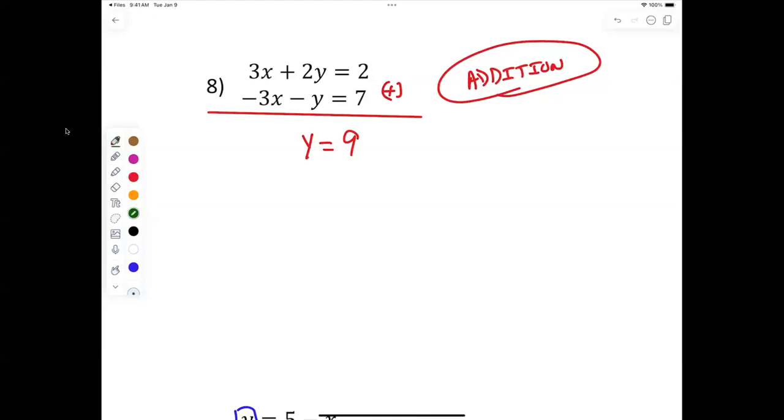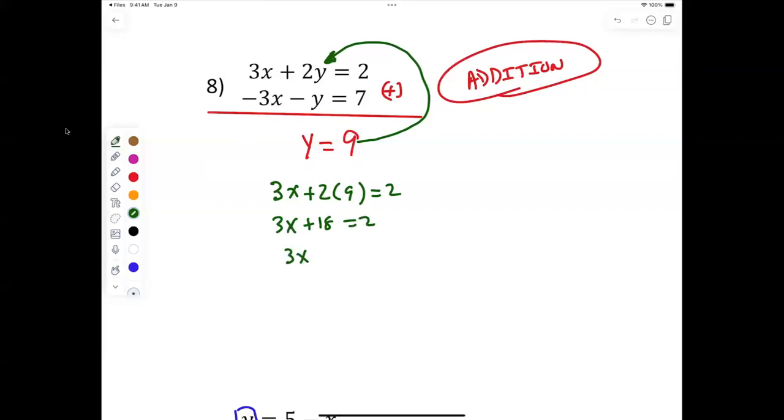Now I have to take the 9 and put it in for y right here and solve it. So 3x plus 2 times 9 equals 2. 3x plus 18 equals 2. If I subtract 18, I get -16.